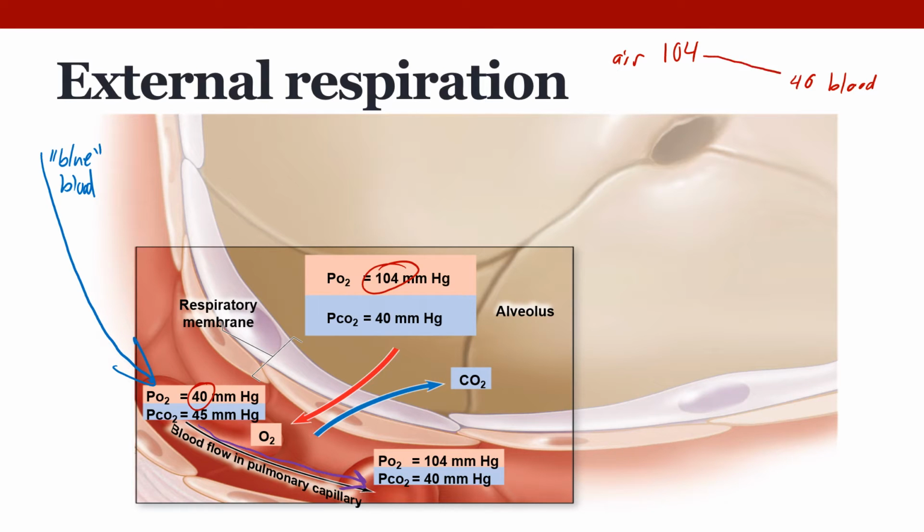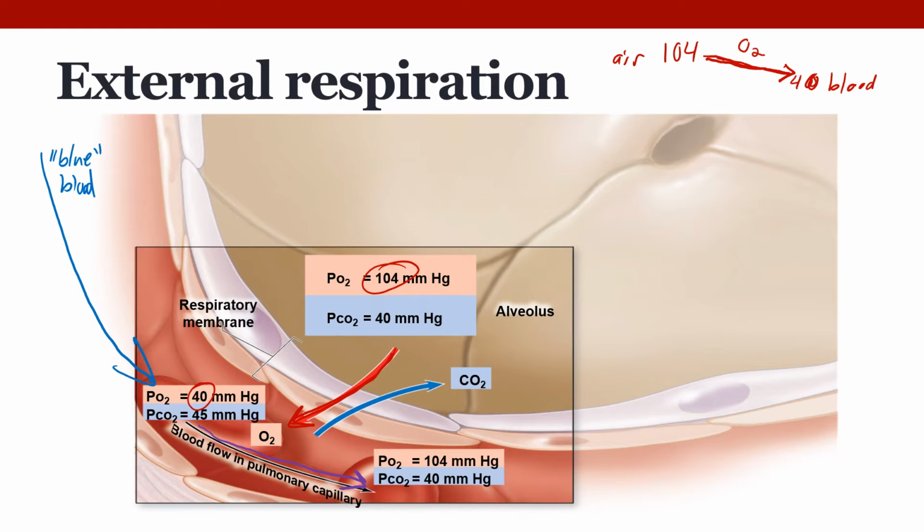That means we have what we call a concentration gradient, or a partial pressure gradient in this case. Diffusion always happens down a gradient, so oxygen is going to travel from the air into the blood, as this red arrow here indicates.